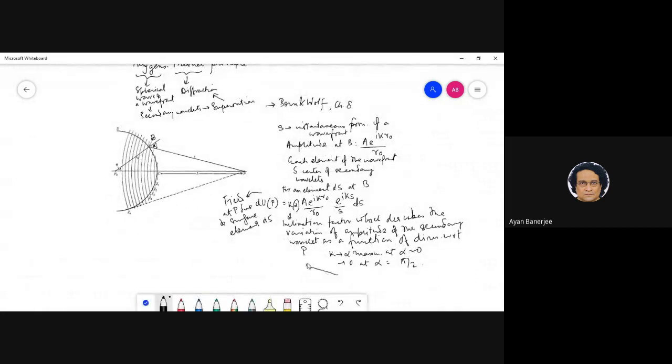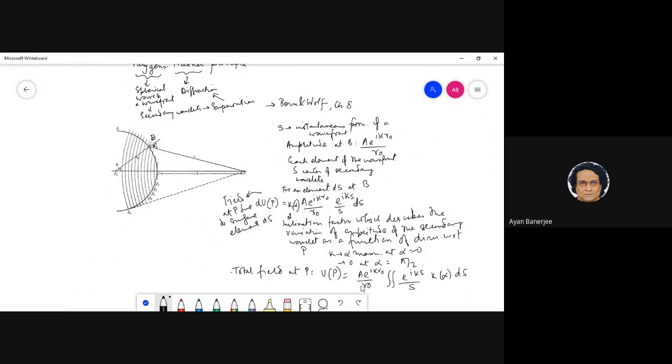The total field at P is some A e^(ikR0)/R0, and this is of course the surface integral of K(alpha) e^(ikS)/S dS. This is the total field.